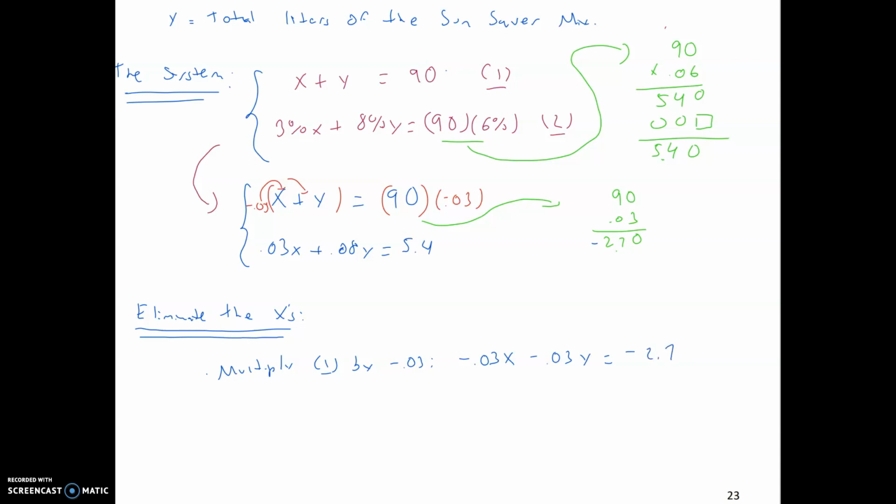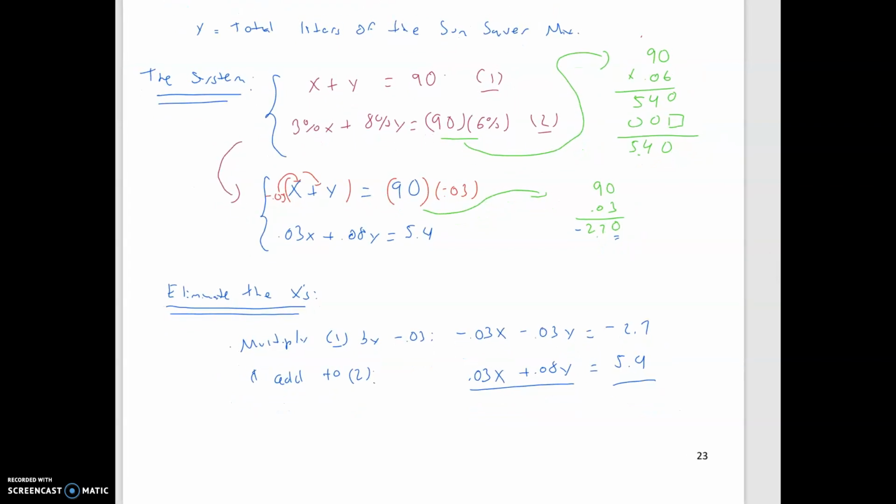I'm not going to include the 0 since it's not going to make much difference. And then add it to the second equation: 0.03x plus 0.08y is equal to 5.4.